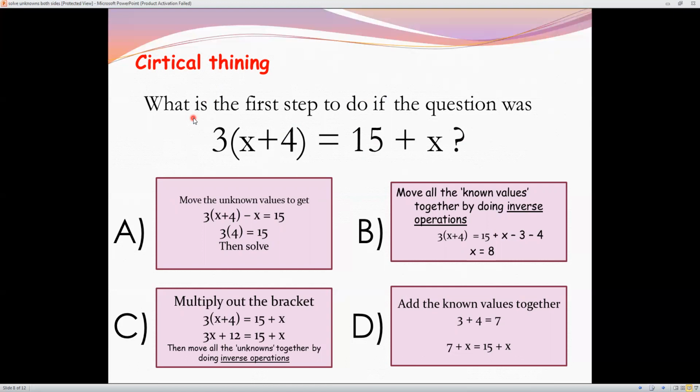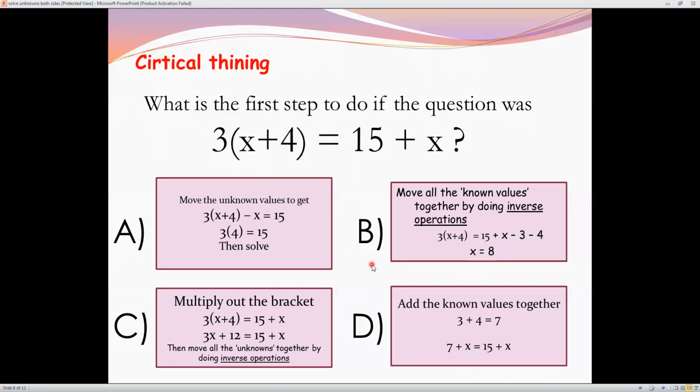Is it A, to move the unknown values together? Or is it B, to move all the known values together by doing inverse operations? Or is it C, multiplying out the bracket, or adding the unknown values together?